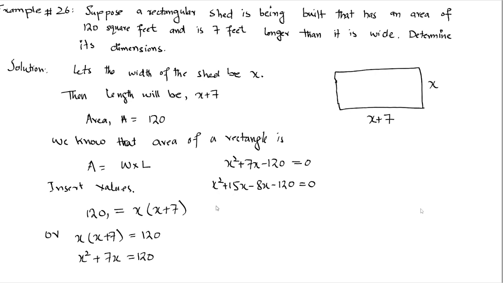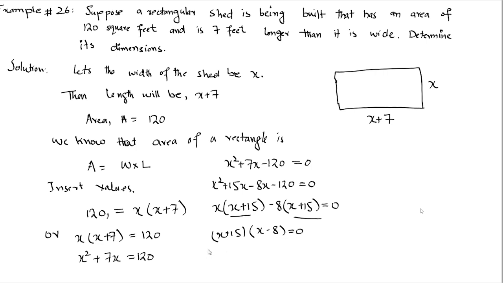Now x is common in the first two terms, so taking out x common, we have x plus 15. Minus 8 is common in these two terms, so we have x plus 15 is equal to 0. Now x plus 15 is common, so taking x plus 15 common, we have x minus 8 is equal to 0.